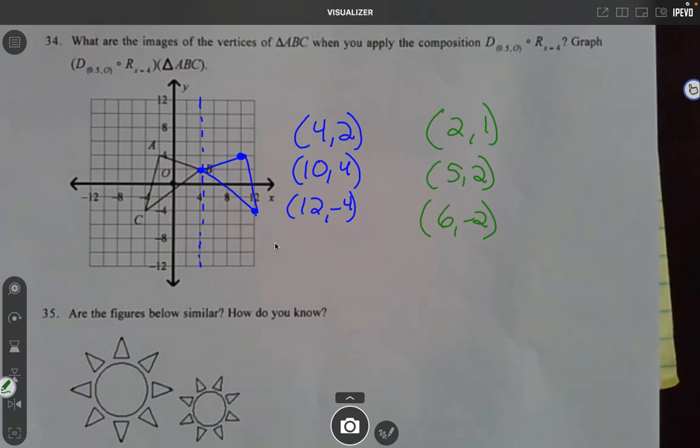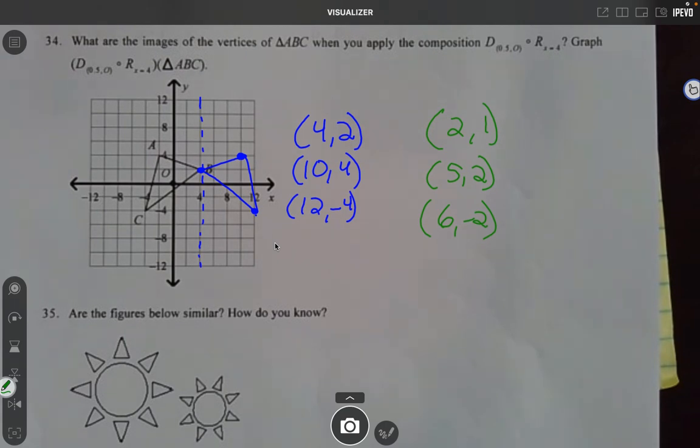Now, that was the reflection, so now we're going to find the dilation. Aston, does that make sense? So the last thing, I'm going to have 2 different colored figures up here because that's my first one. Now I'm doing the second thing. So I took half of all those numbers. Does that make sense, Aston? And now I'm just going to graph them.